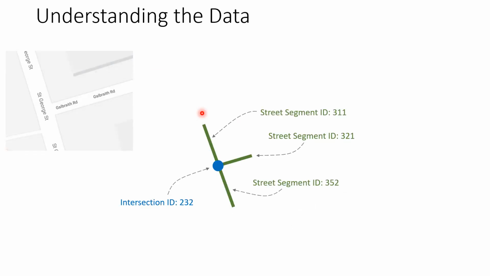So how will this work then? Say we have this intersection at St. George and Galbraith. This intersection is connected to 3 street segments like this, and we have intersection ID 232. So we call get num intersection street segments with 232. This will return the number of street segments, which is 3.